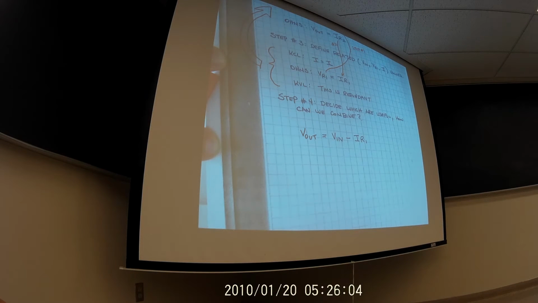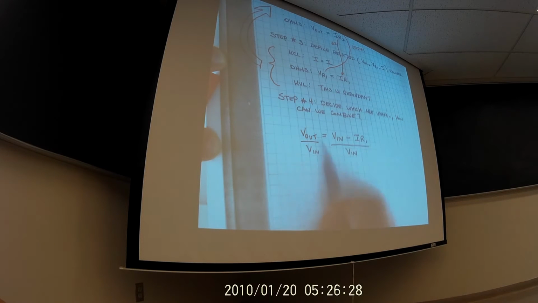Okay? Now, if we wanted to, we could go ahead and get this into the right form straight off the bat, right? We could divide both sides by V in, and that would give us V out over V in on the left-hand side. So let's go ahead and do that. So I'm going to divide this by V in. I'm going to divide this by V in.